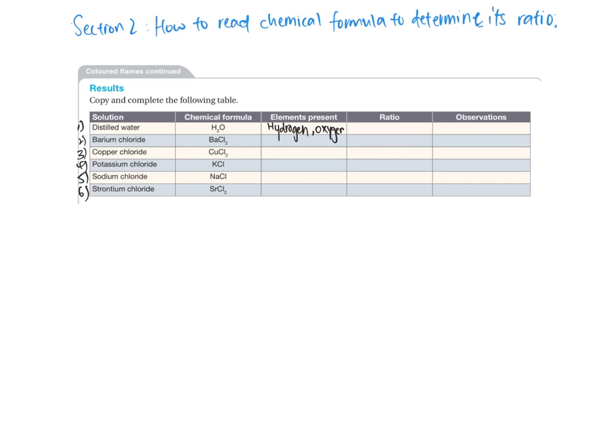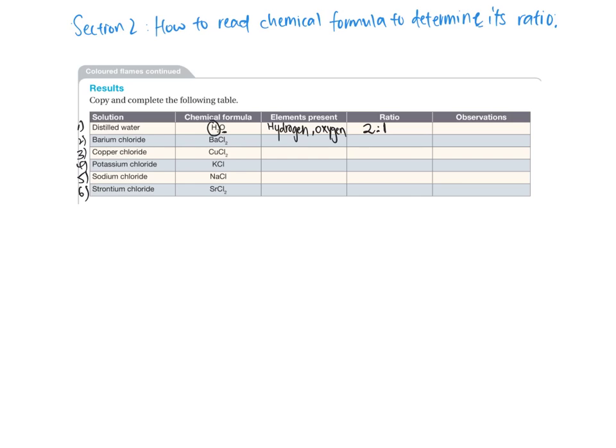So how do you work out the ratio? It's actually quite simple. In here you have H2, right? H2 means there are 2 hydrogen and there's only 1 O, right? That means 1. So pretty much the ratio is 2 to 1 here. It means for every 2 hydrogen there's 1 oxygen.